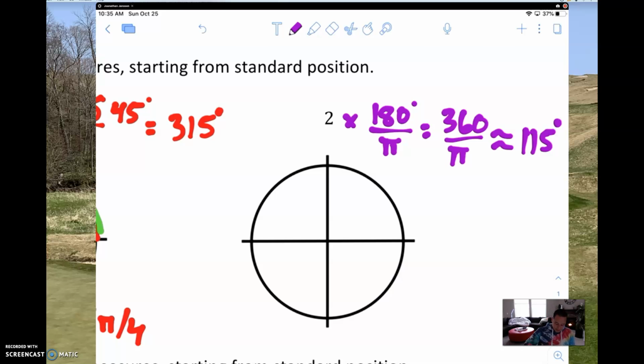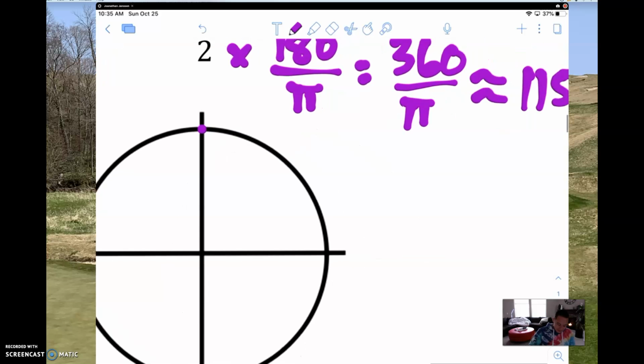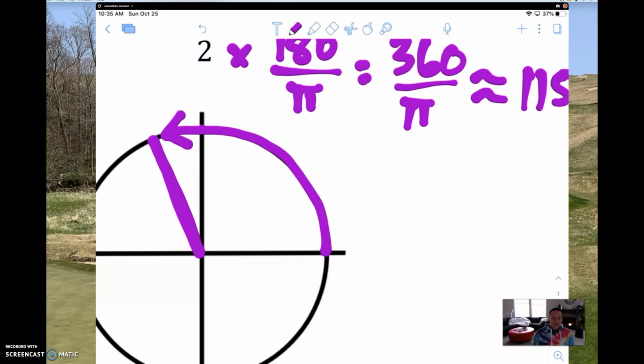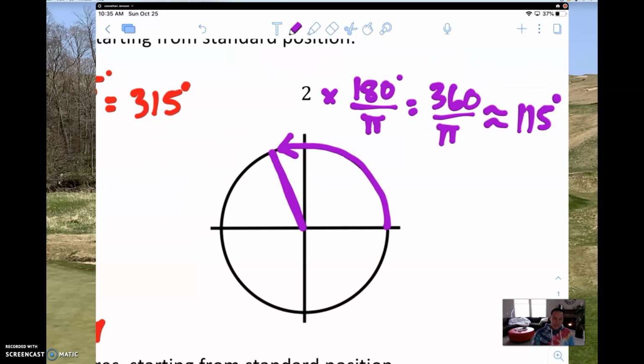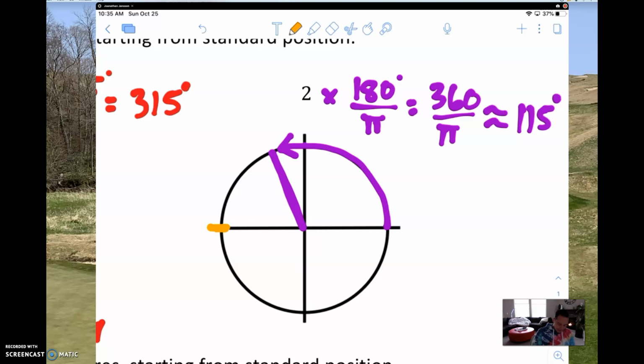Let's estimate where that would be. This is 90 degrees up at the top. So I'm going to go a little bit more. We're going to go about 25 degrees more than that. So right about there. This distance would be 2 radians. If you think about this, that kind of makes sense, because if you were to go all the way over to here, this is pi radians. Pi is just 3.14.